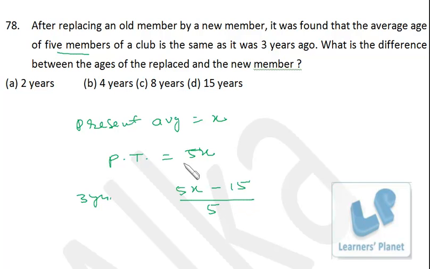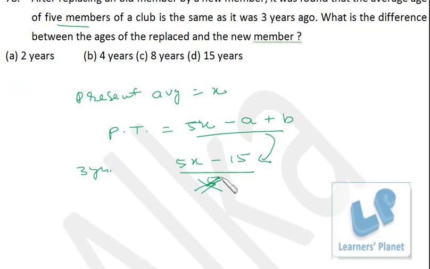Now from this total I deduct the age of the old person, suppose it is A, and I add the age of the new person, suppose it is B. So this is the new total, right? And this is actually the new total, because the new average is equal to the old average. So new total is equal to old total. I remove this 5.